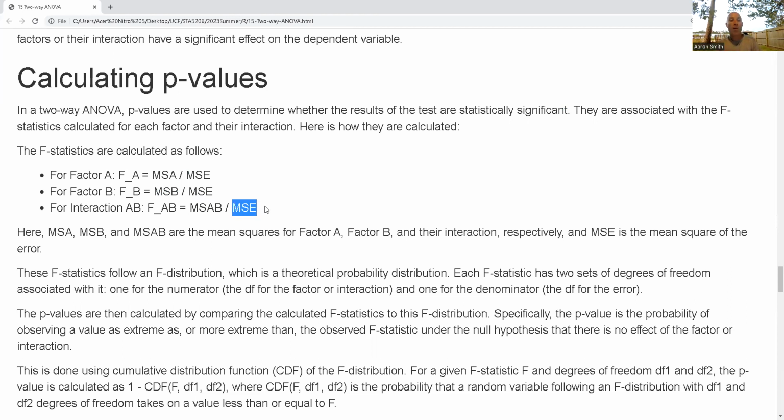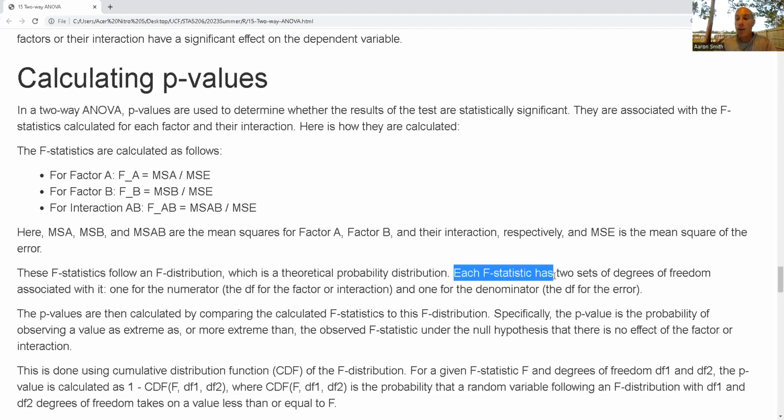So here mean squared A, mean squared B, mean squared interaction are the mean squares for factors A, B, and their interactions respectively. And MSE is the mean square of the error. Under the assumptions that we listed out previously, F statistics follow an F distribution, which is a theoretical probability distribution.